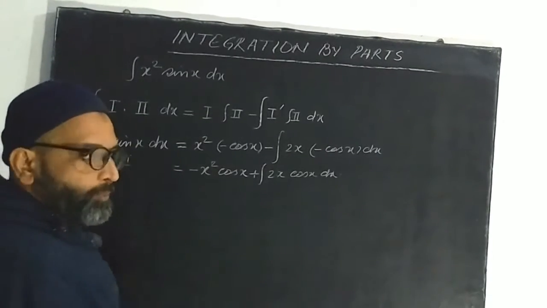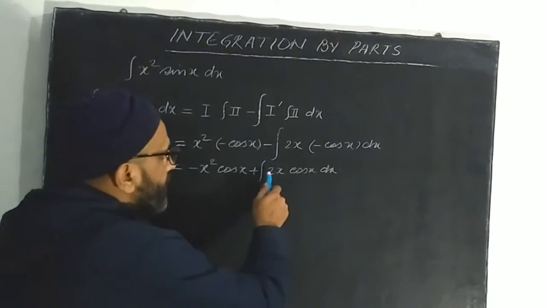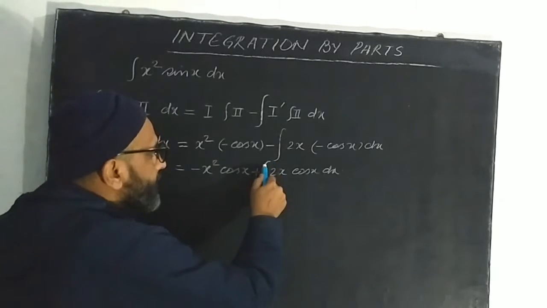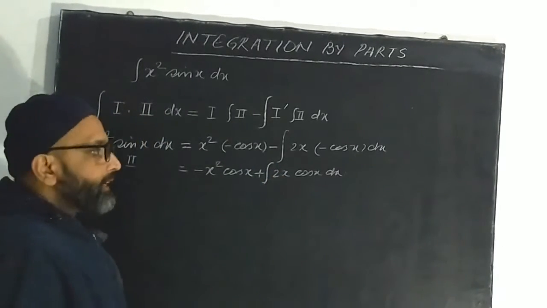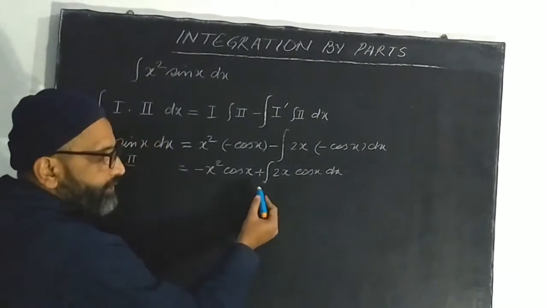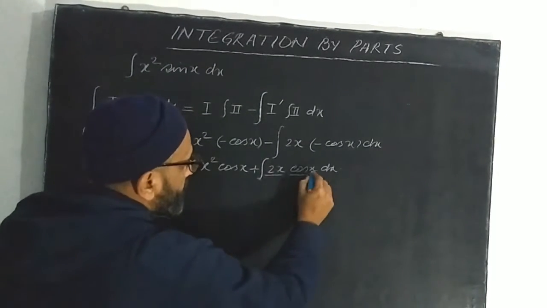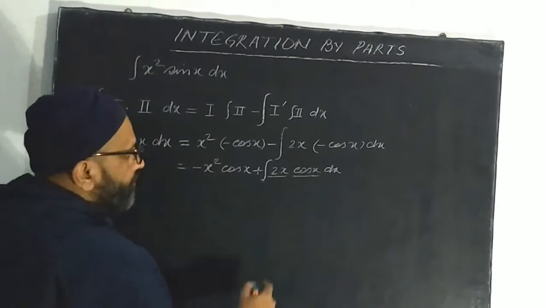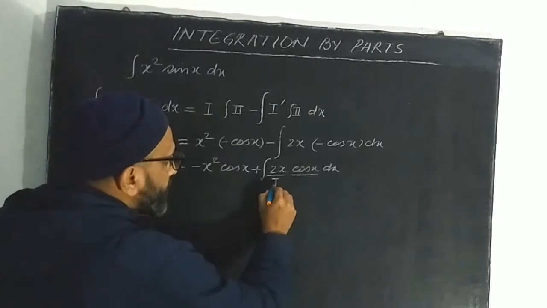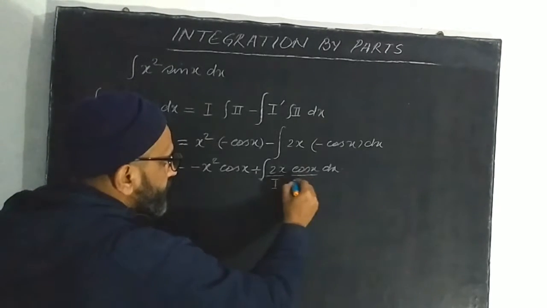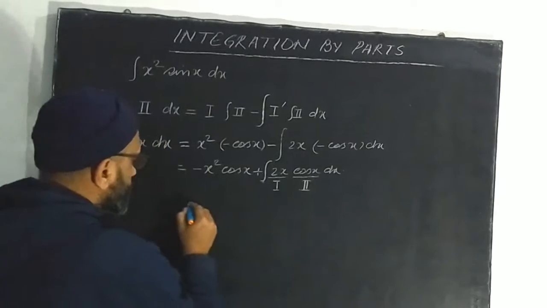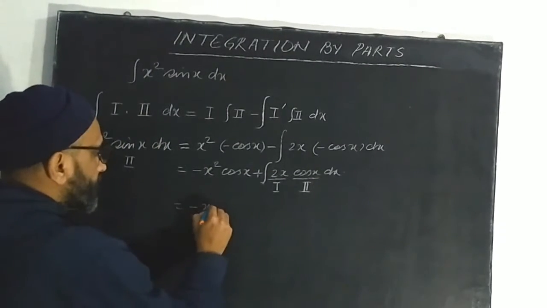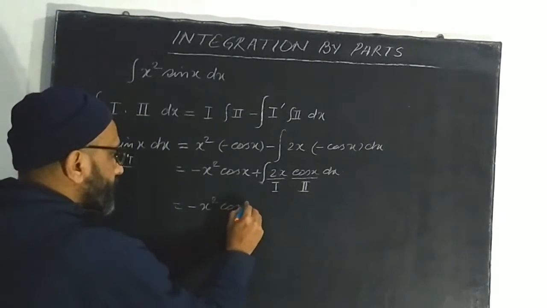And we have to repeat this process until we have no integration sign. So again we have an integration sign and again we have the product of two functions. So we need to apply integration by parts again, assuming this as the first function and this as the second function, equal to minus x square cos x.